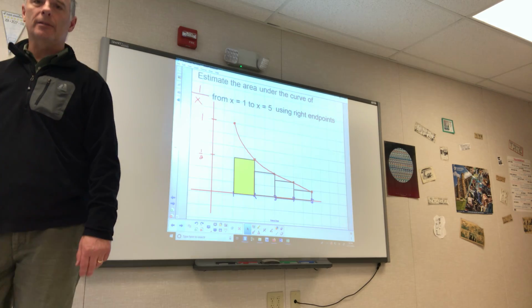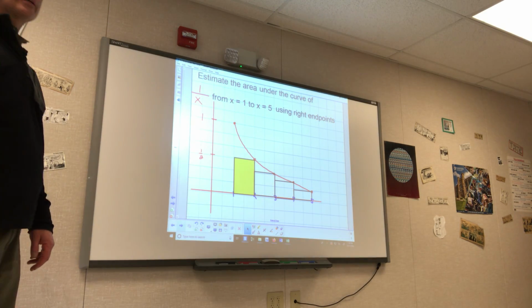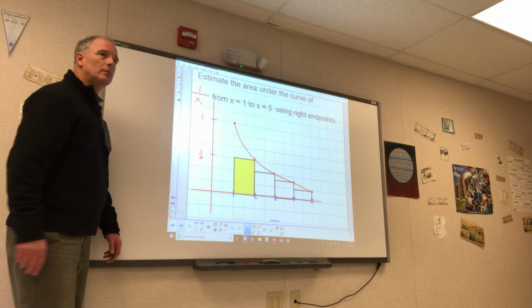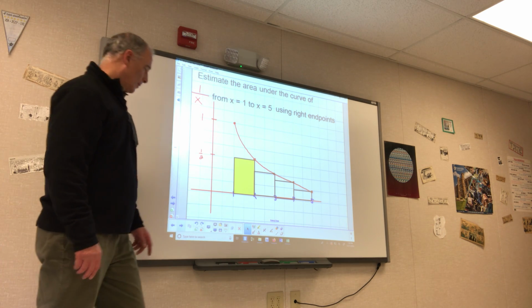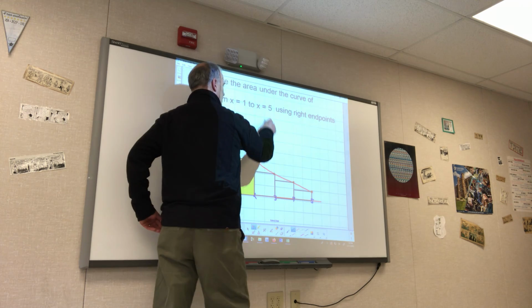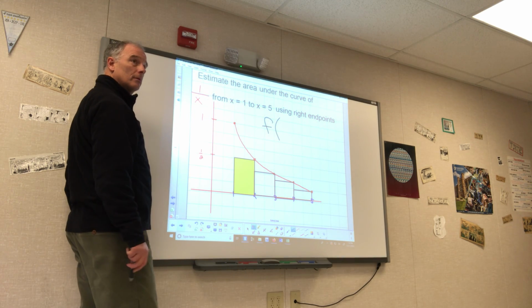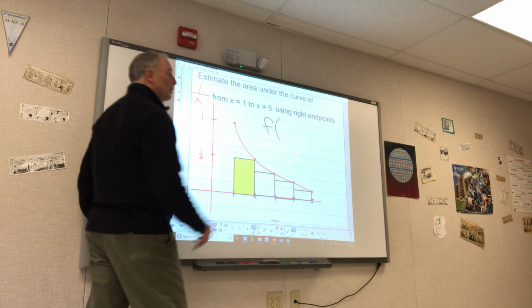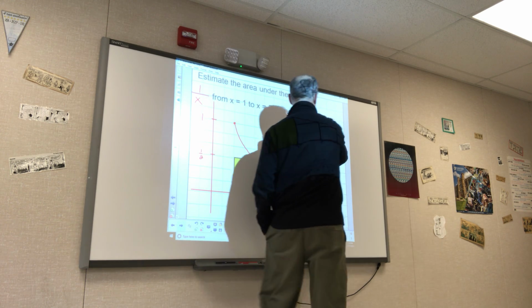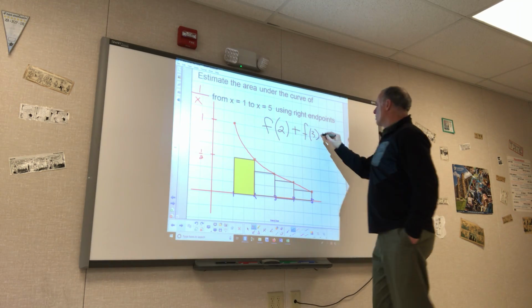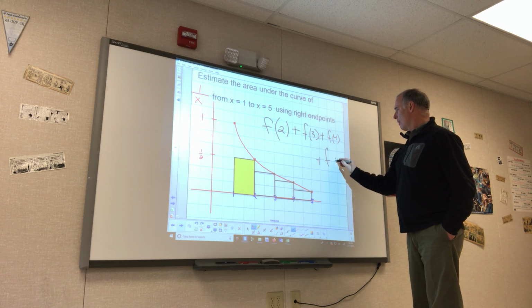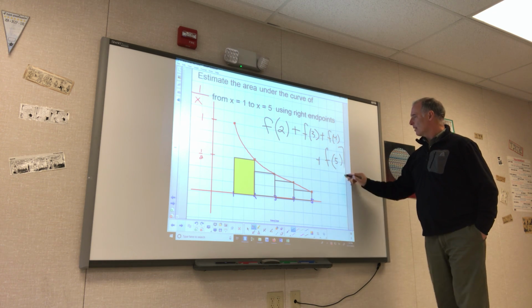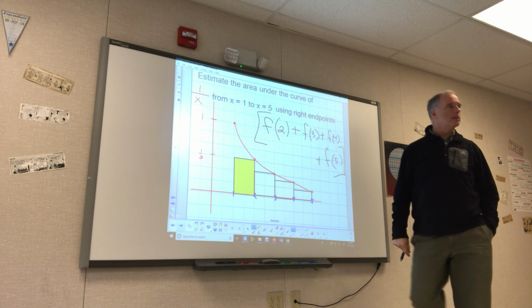So Jackson, what's next? What do I do? You take the values of each of the right endpoints. Okay, so I'm going to use f of... And what's delta x in this case?